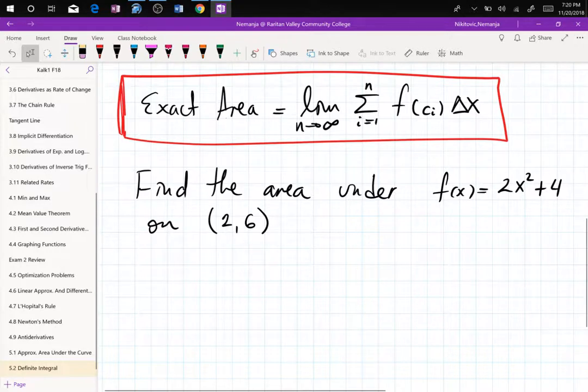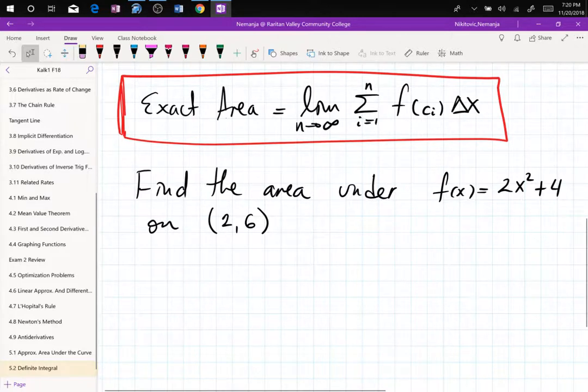So what do we do? We have to set up everything first before we can actually compute any of these things. And there's a lot of setup.